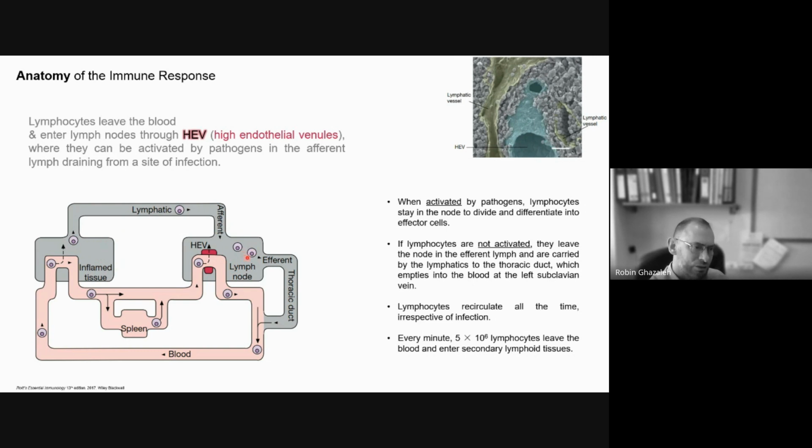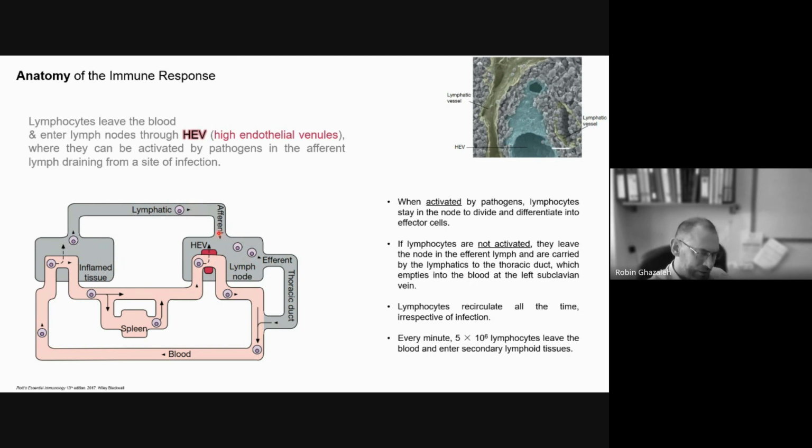The T and B cells circulate in the blood, and they reach the lymph node through what are called high endothelial venules. It's an anatomically slightly distinct type of vein, which is very specifically capable of allowing the extravasation of T and B cells. So T and B cells reach the lymph node from the blood, and the professional antigen presenting cells, dendritic cells, reach it via the lymphatics.